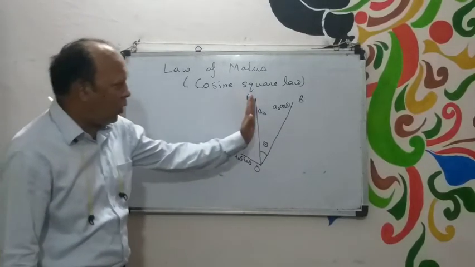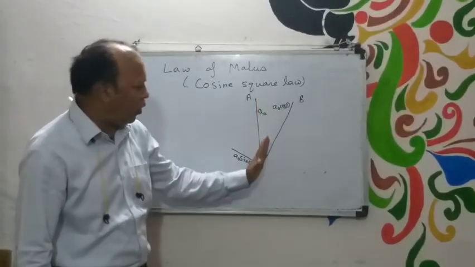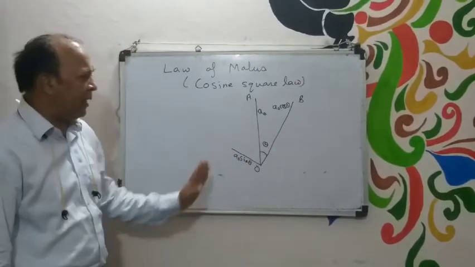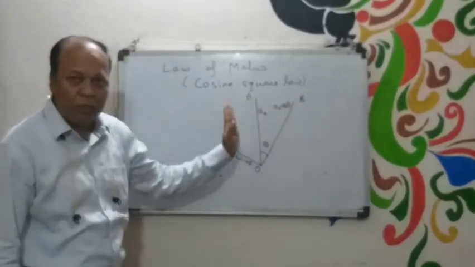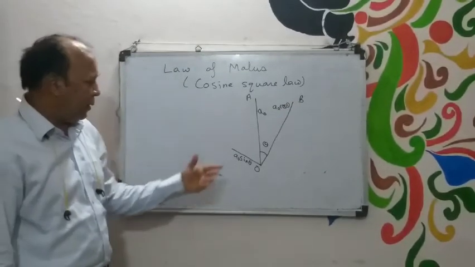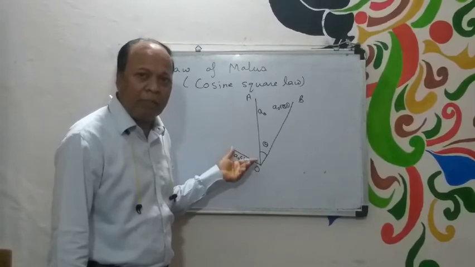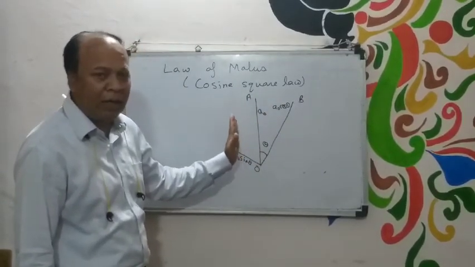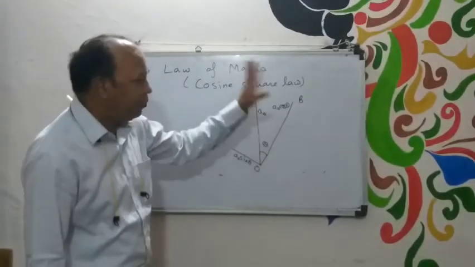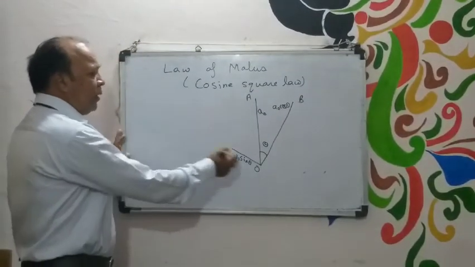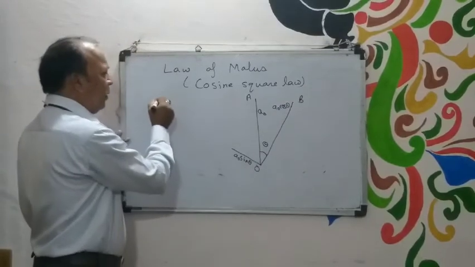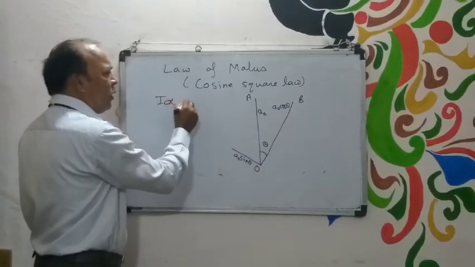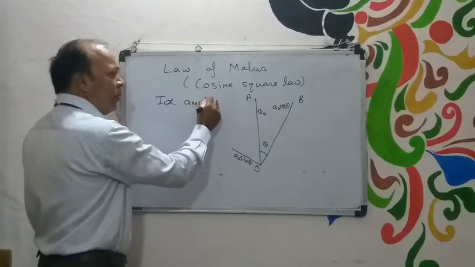Only the A naught cos theta component will cross through OB, whereas the A naught sin theta component, as it is normal to this plane, will be cut off. Is that clear? So the intensity after passing through OB, I, should be proportional to amplitude square.